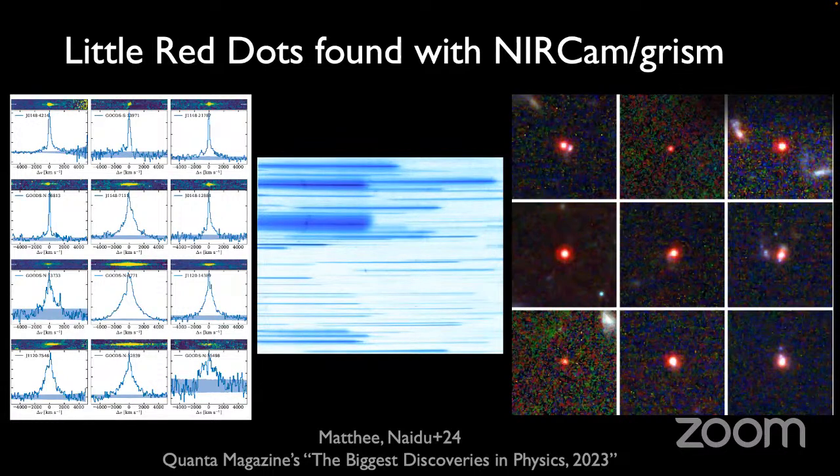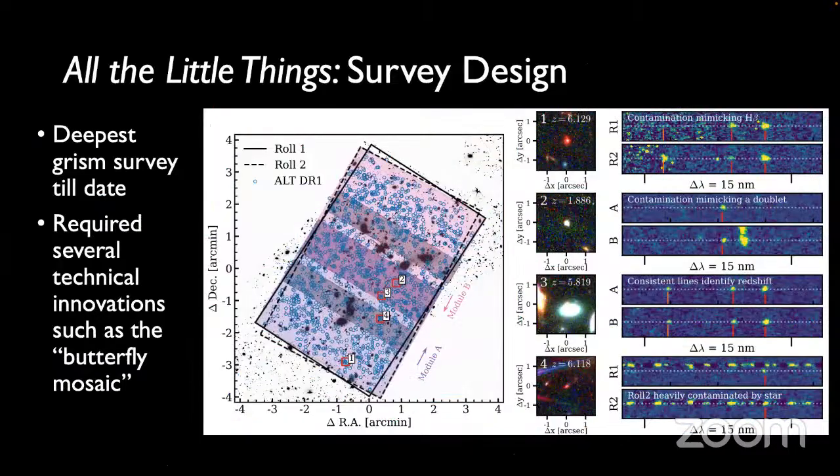And so these types of discoveries really inspired us that we should do this dwarf galaxy search also using this very powerful GRISM method. But this came with lots of challenges because these kinds of gravitational lensing clusters are extremely crowded regions. So we had to come up with all kinds of technical innovations to make this work.